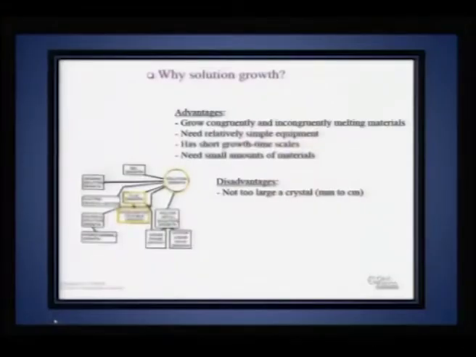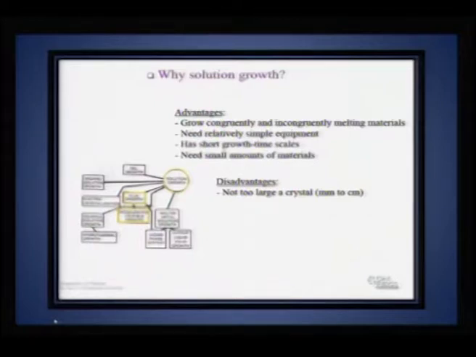Now why do we need solution growth? Because you can grow congruently and incongruently by melting materials. We need very simple equipment. Therefore in any chemistry lab practice, almost every compound that is prepared is taken through a crystallization process just to refine it.